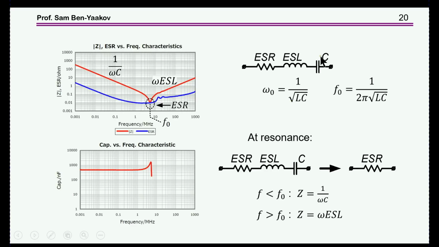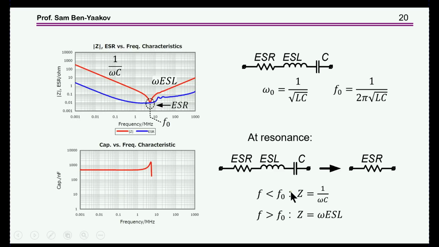So this is the impedance that we have, and as the frequency changes, the impedance will go down, first of all, as 1 over omega C, because this is very small. The impedance is small, and we see just the capacitor. 1 over omega C in a log-log scale is a straight line.